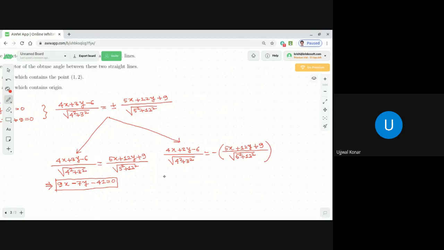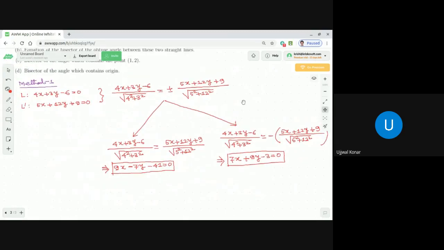Simplifying in the same manner, we get 7x plus 9y minus 3 equal to 0. These are the two bisectors. Let us name one B and the other B dash.